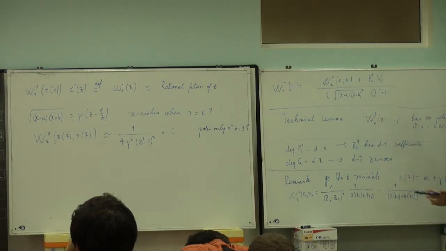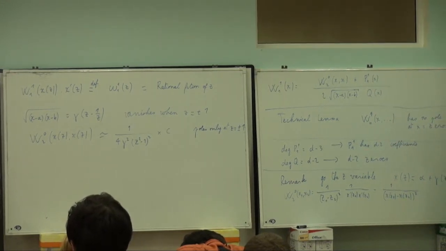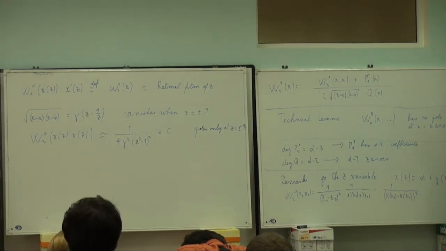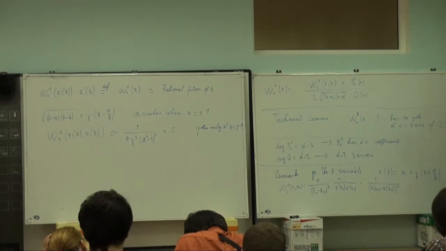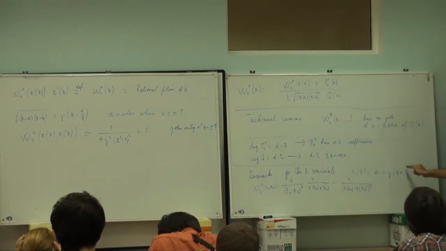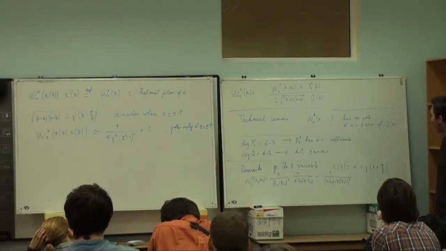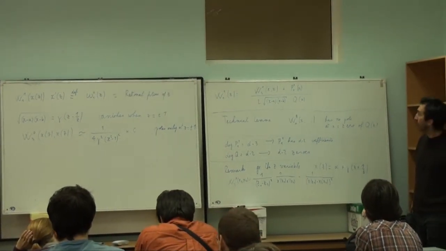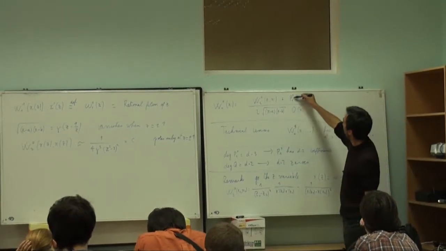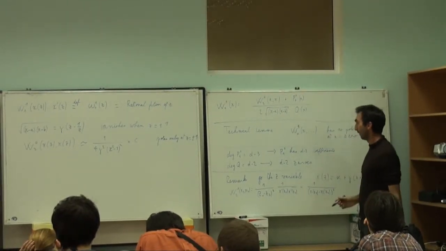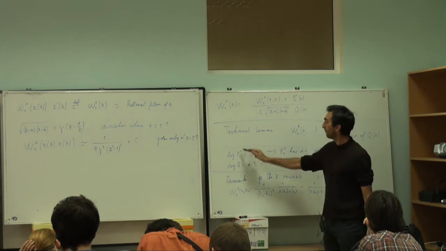P11 is a polynomial in x of z. So it can have poles possibly at z equals 0 and infinity, because x contains a 1 over z. So P11 of x of z could have poles at z equals 0. But if you look at the degrees, P11 divided by Q, Q has a degree which is larger than P11.